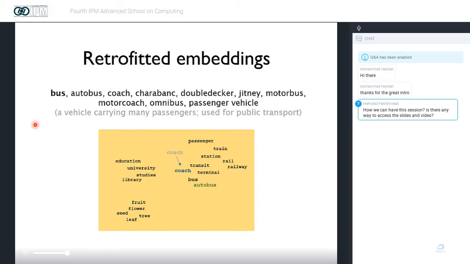For instance, in a dictionary we might have a lot of synonymous terms for the word bus, like autobus, coach, etc. And one idea here is to benefit from the synonymous terms in the dictionary in order to refine the learned semantic space, like to transfer a bit the representation for coach towards what we have for bus, or maybe to introduce a new word that didn't exist in the semantic space, like autobus, according to the dictionary we have.